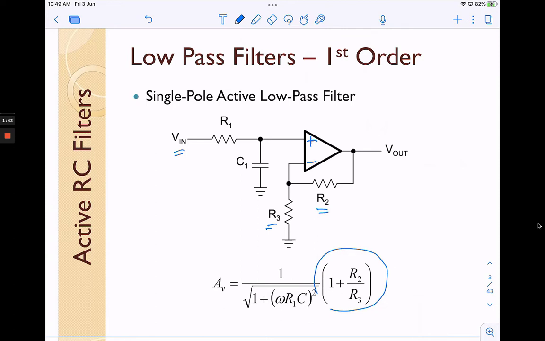You know that at this terminal, the input impedance is very high, so it does not allow current to go into the op amp.